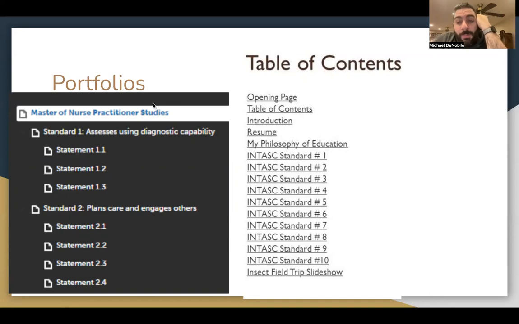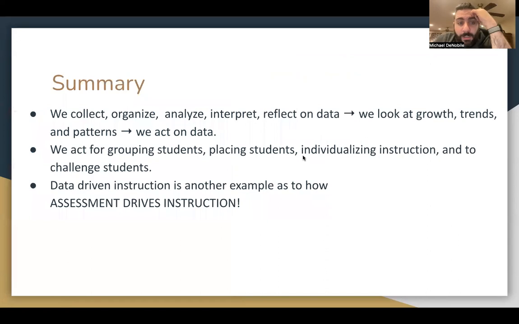And so this is a way that we can have concrete evidence to support student progress.